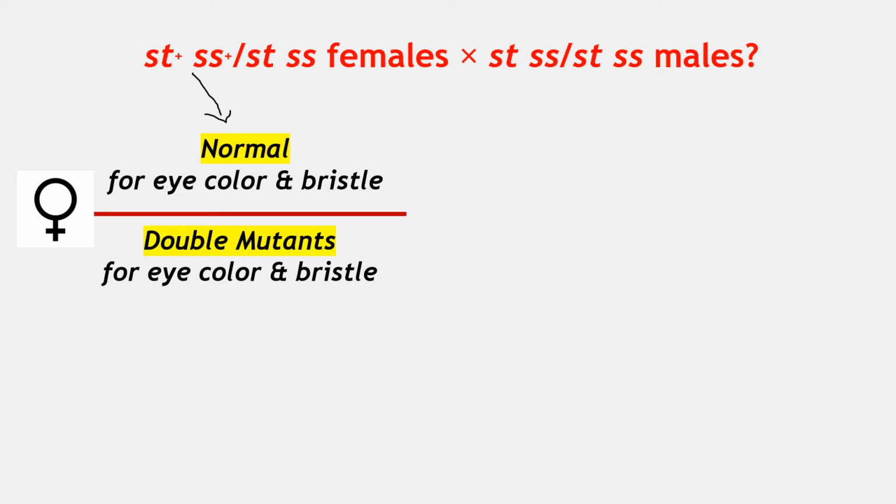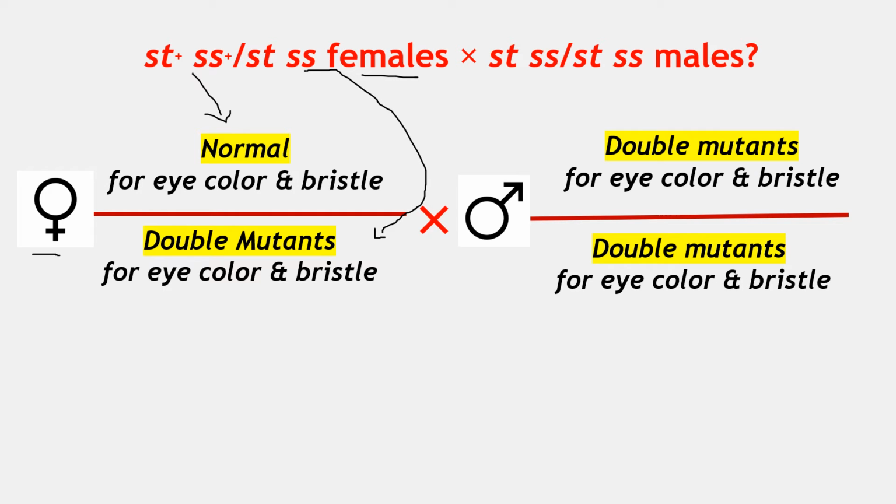Okay, so now the key information here, as I said before, is that here you have ones that are normal, and here ones that are double mutant, and these ones are females. Good. So one important component of the cross is that. The other important component of the cross is the males, and the males are double mutants here, and here they're also double mutant.